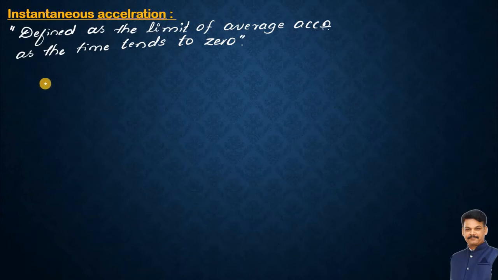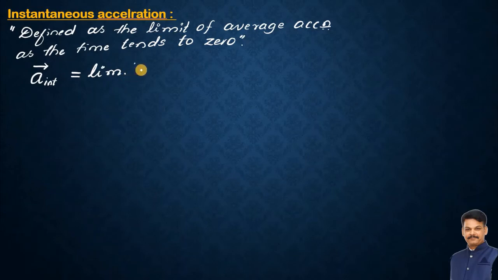Okay dear students, so based on this, if the instantaneous acceleration is represented by a instantaneous, I write int for that, and of course it is a vector quantity, then what actually it is? It is the limit of average acceleration. How is the average acceleration represented?